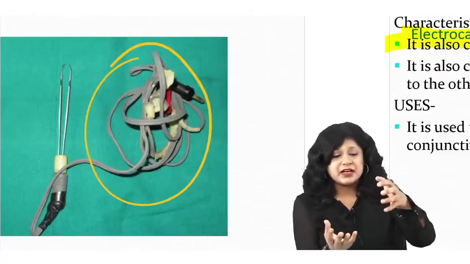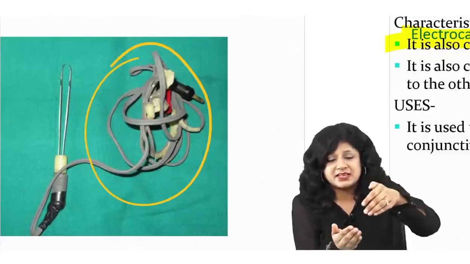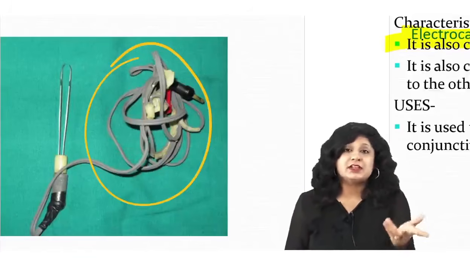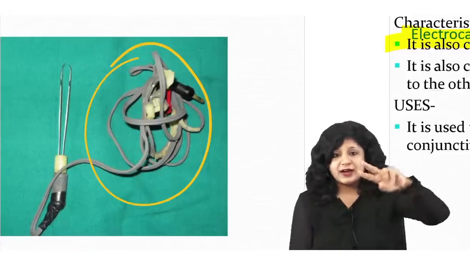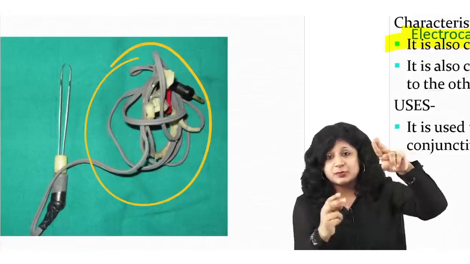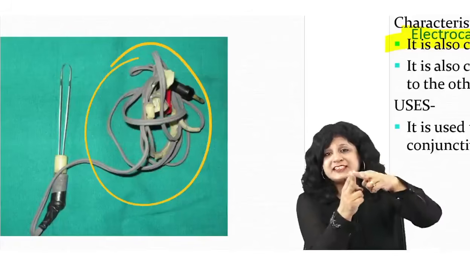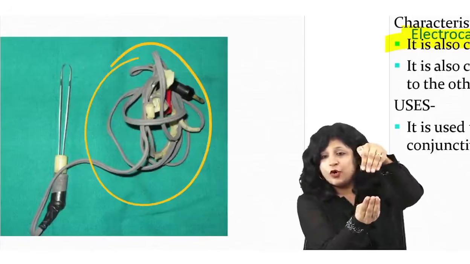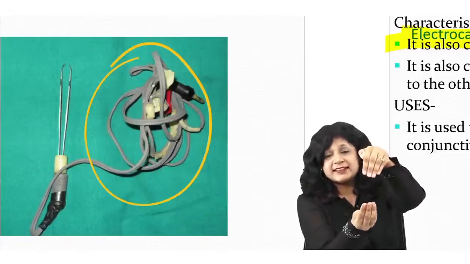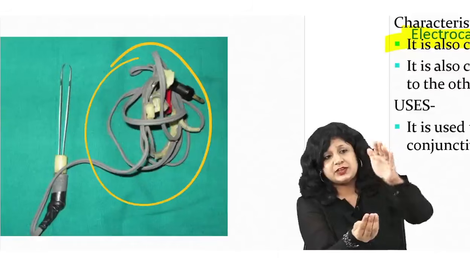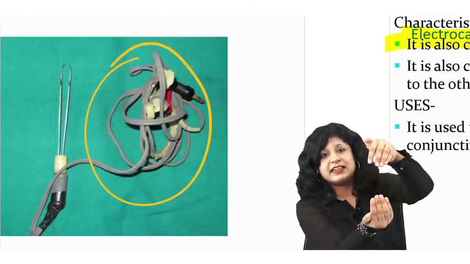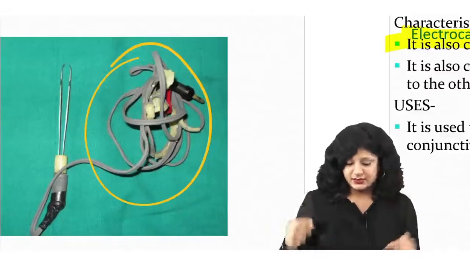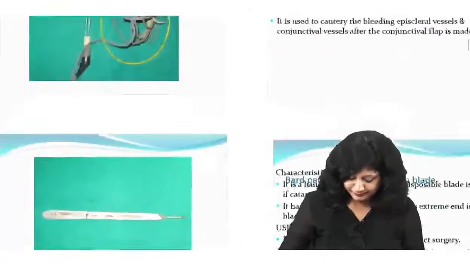Rather, they should have some gripping capacity, because when you put the wire in the electrical socket, switch it on and touch the tissue, it should be able to hold the vessels between the two prongs. That is why they are in the form of a holding hands position. So one is like this and the other one is like this, and the tissue can be compressed in between the two. All right, so this is your cautery.